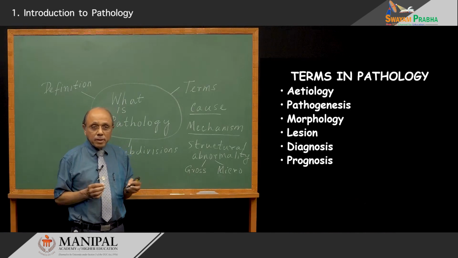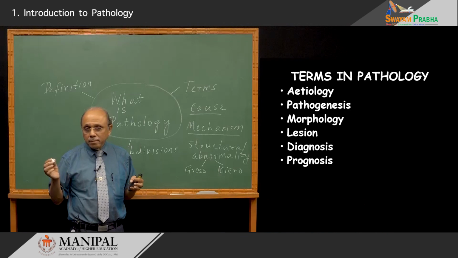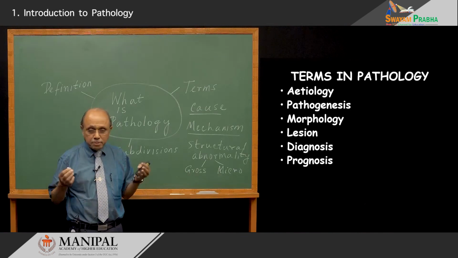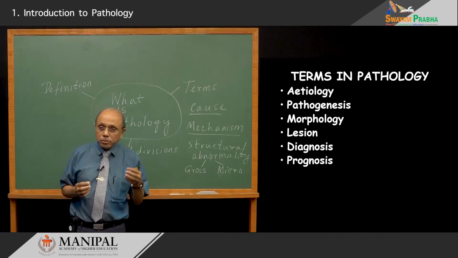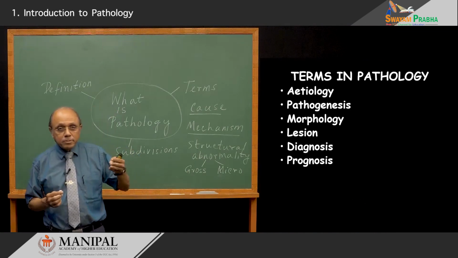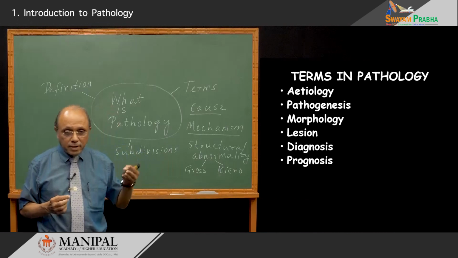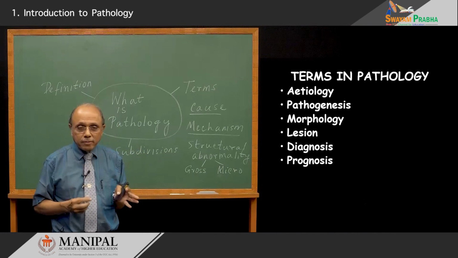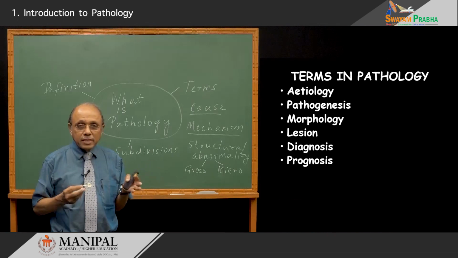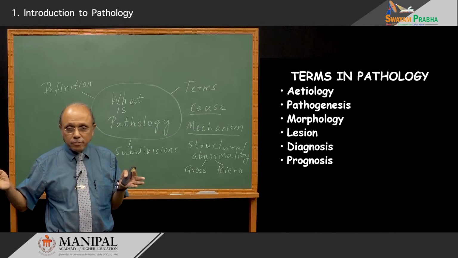Any disease, especially malignant conditions, especially cancers, we often talk of prognosis, and that prognosis is generally in terms of 5-year survival rates. We generally do not go beyond that, we talk of 5-year survival rate. So, we say 90% survival rate at 5 years.